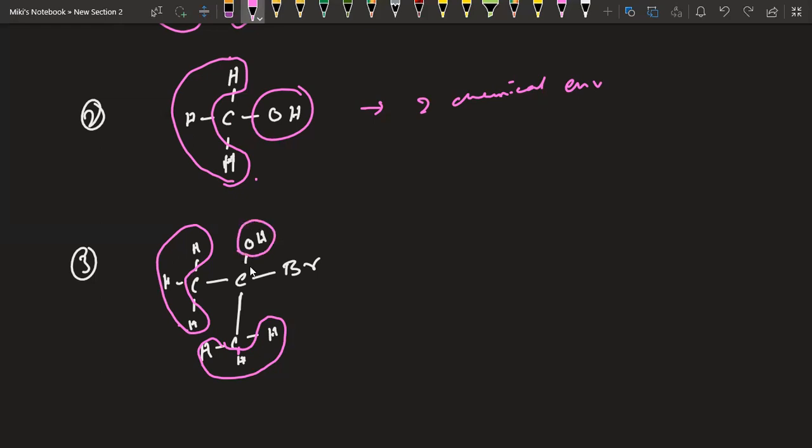Now that means another environment. Did you mark Br as an environment as well? Remember, we are just focusing on hydrogen. That means Br is not an environment. So how many environments did we get? 3 such environments. Now, there might be some carbon where none of the hydrogen is bonded to it. In that case, we leave it as it is. That's not an environment. So here we got 3 chemical environments.